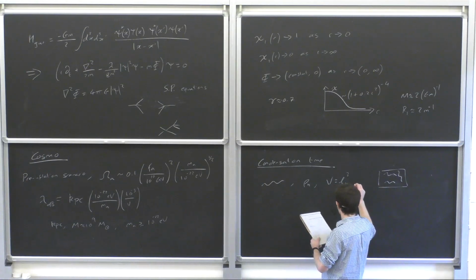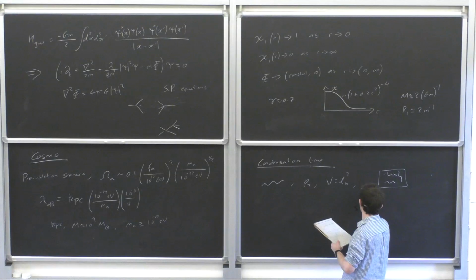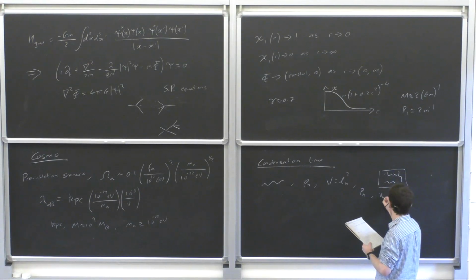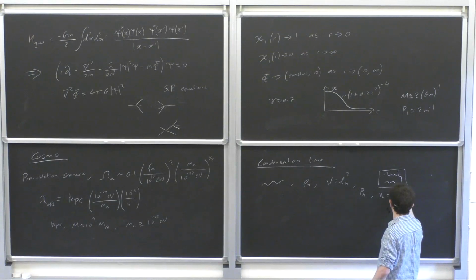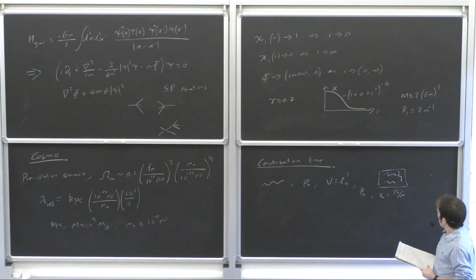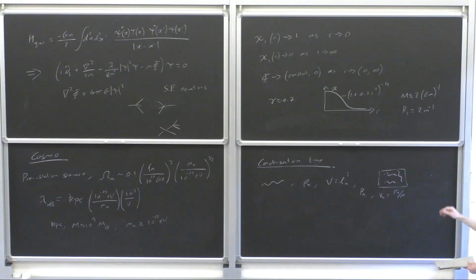I can also assume that the typical momentum of these axion waves, we call it P halo, is such that the velocity is P halo over the axion mass. Since I'm imagining this to be happening within a galaxy, I can ignore the expansion of space.